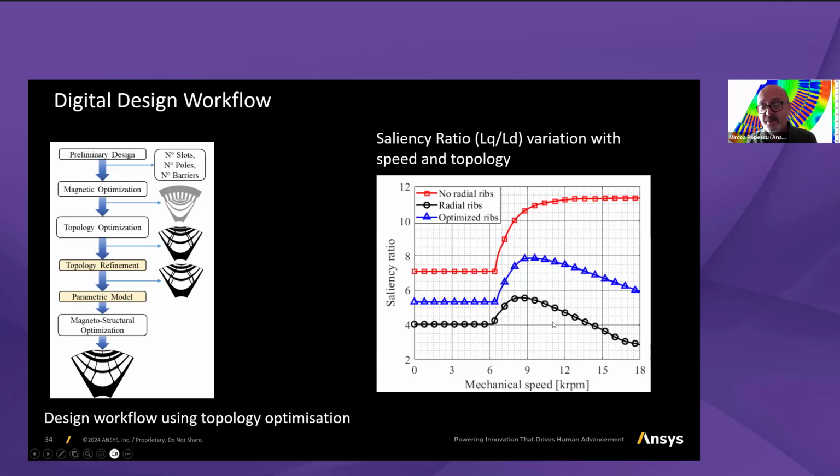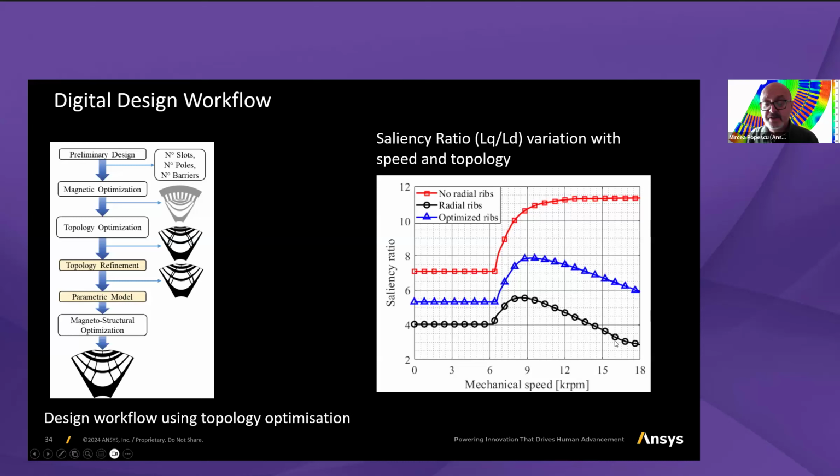And here we have a comparison between three possible solutions for the same machine, where you have no radial ribs, all good, but mechanically it will be difficult to maintain this. But from the saliency ratio, which essentially means that I can get more torque, no radial ribs will be the best, but it's an ideal case.